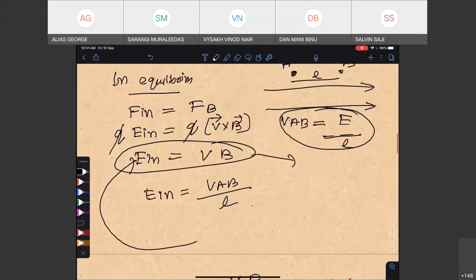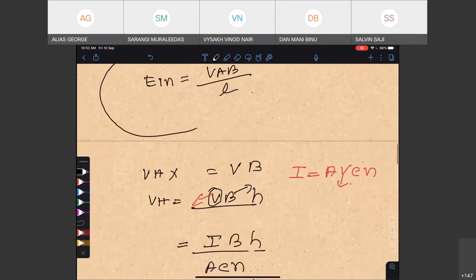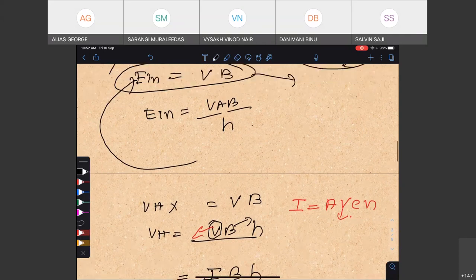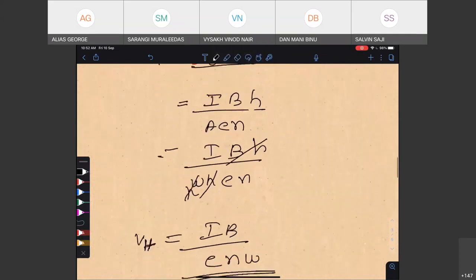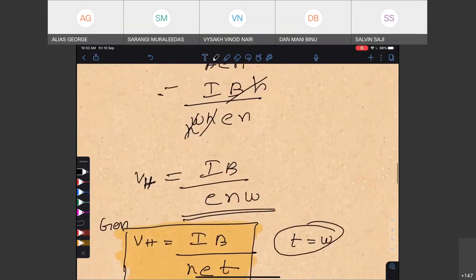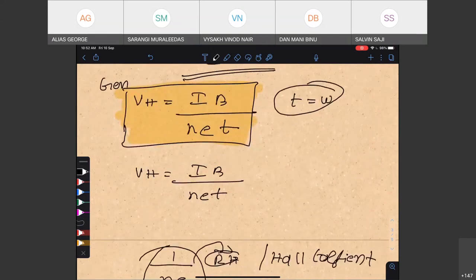Now we can say that the induced electric field is VAB by L. Here it is not L, it is H. Instead of the induced electric field, we write VAB by H, and we solve this equation. We got that the Hall voltage is nothing but IB divided by net. Okay. So who did I send this equation to?